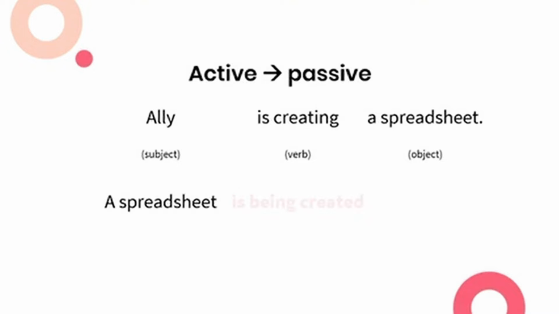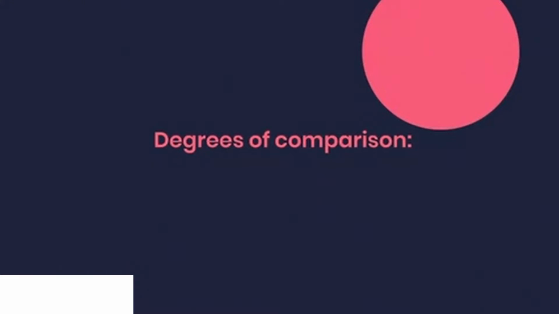A spreadsheet is being created by Ali. So, as you can see, there's our object, a spreadsheet, our verb is being created, and our subject by Ali. The verb changes from is creating to is being created.